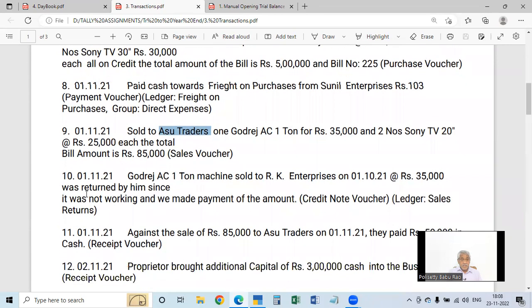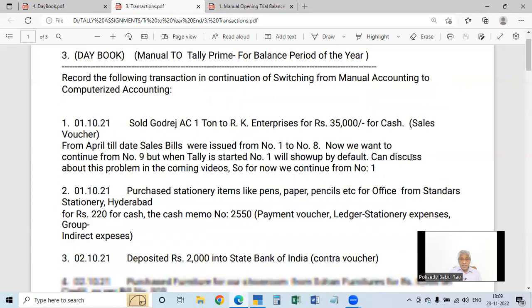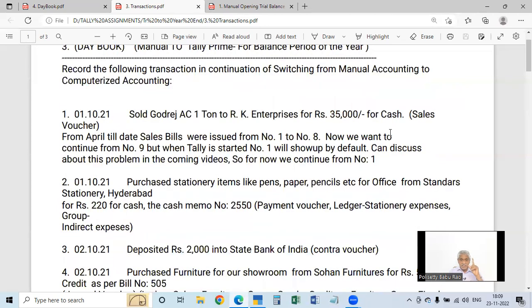Okay. Now, next, the same date, Godrej 110 machine sold to RK Enterprises on 110. The first one, see, 110 AC sold to RK Enterprises for 35,000 rupees sales. That will be the first invoice, number 1.